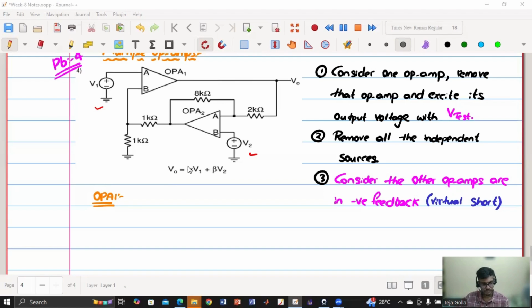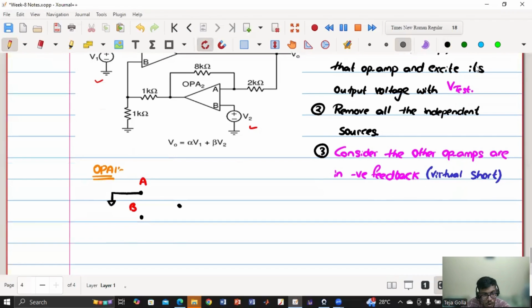Okay. So op amp 1. First I'm going to remove the op amp 1. So VA is connected to ground and VB is here and V naught is here. Okay, so this is my terminal A, this is my terminal B, and the output is something like that. So now let me consider the rest of the circuit.